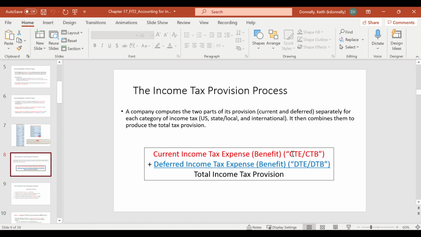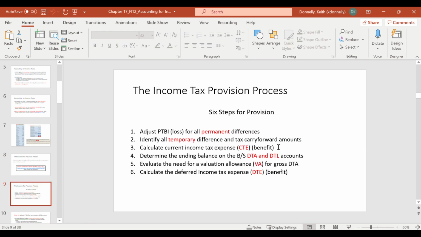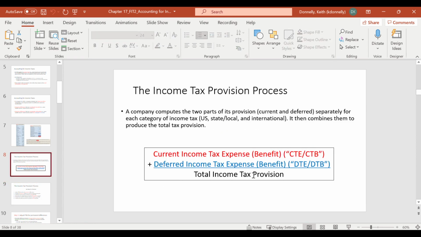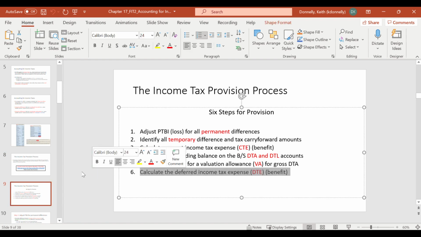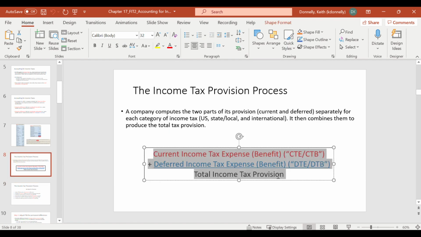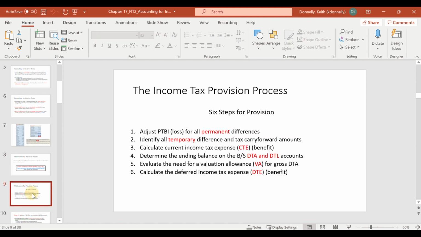So basically, we do the CTE, we do some steps to get there, and then we do the DTE, the deferred tax expense, to get there. Basically, this is the overall idea, and there's 6 steps to helping populate this. We're going to go through the first 2 or 3 now. Whenever we do the problems in the video, like the third video, I'm going to whittle it down to like 3 steps.